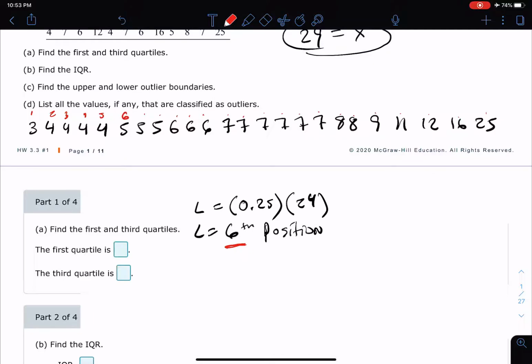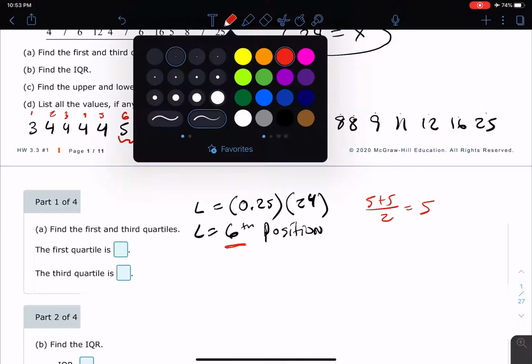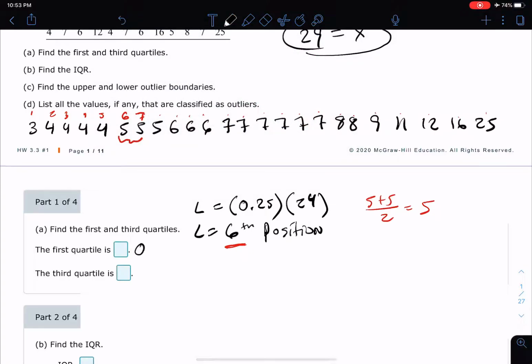If it's a whole number, you go to the next position and take both of those numbers and find their average. Well, 5 plus 5 divided by 2 is still going to be 5, right? So the first quartile is just 5. Let me write it like this. Q1 is actually 5.